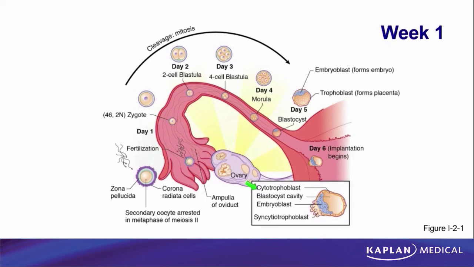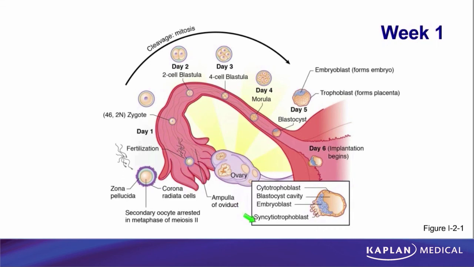The daughter cells of those cell divisions will do one of two things. Either they will be just like the mother cell, they will remain cytotrophoblastic cells, which means they will then go on and divide, because that's what cytotrophoblast cells do. Or the alternative is the daughter cells can fuse with one another, and as a result of that fusion, we now have a multinucleated cell, and we call that syncytiotrophoblast.